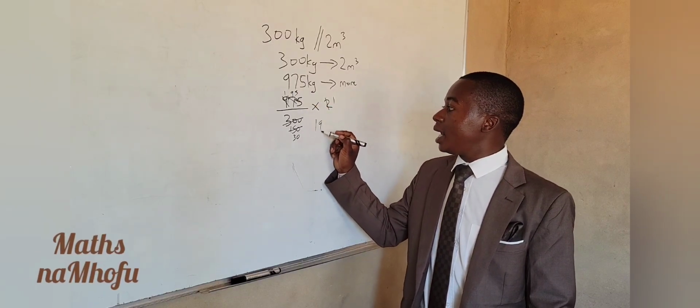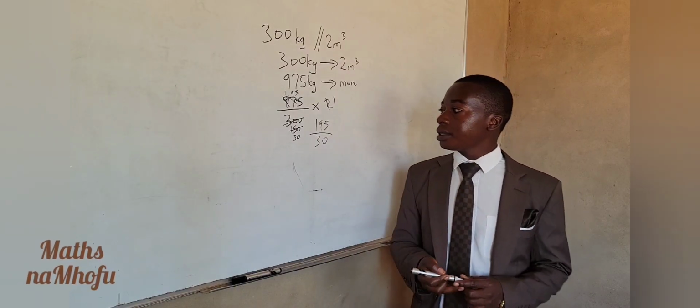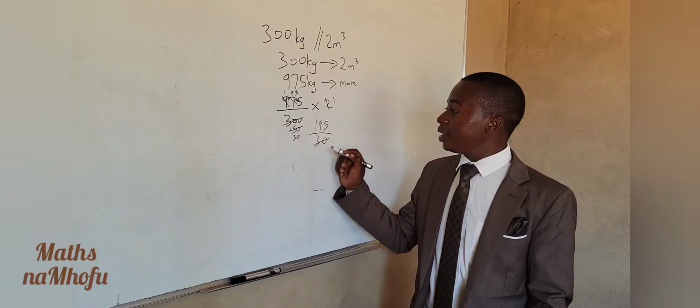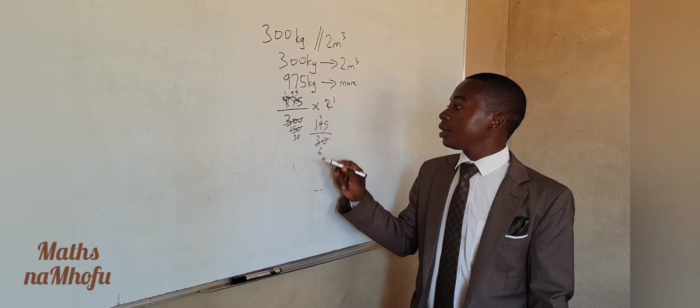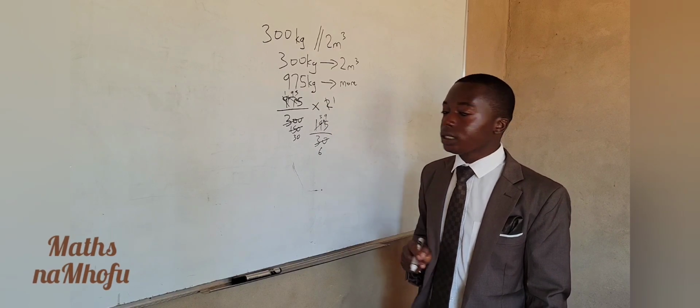So you now have 195 divided by 30. You reduce again by 5. 5 here, that's 6. 5 here, that's 3 times, remainder 4. 5 into 4, 5, that's 9.